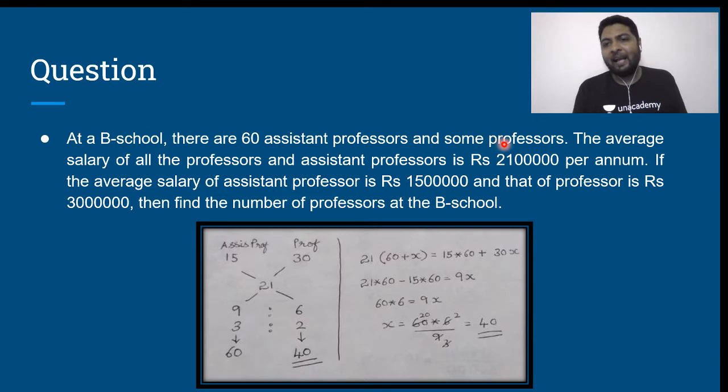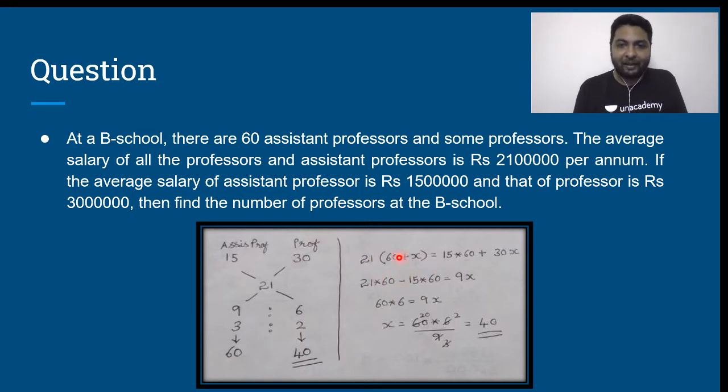Let us say there are X number of professors. So what is the total salary? 21 lakhs into 60 plus X. All of this is in terms of lakhs. So 21 times 60 plus X.